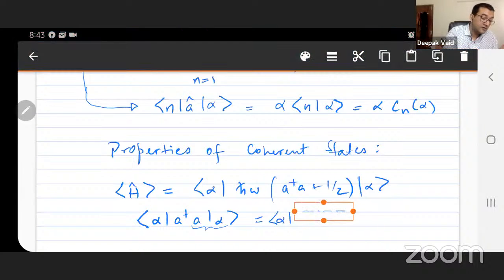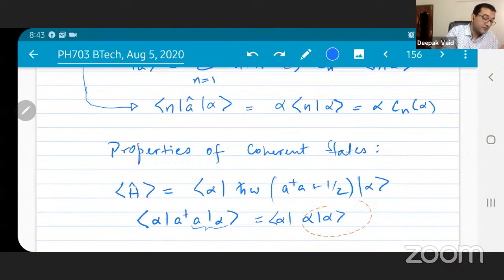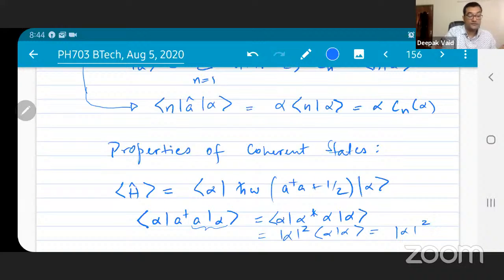On the left also I will get an alpha, the conjugate, alpha. This gives me modulus of alpha squared, times the inner product of alpha with alpha. And again, taking these states to be normalized, this is just equal to |alpha|².